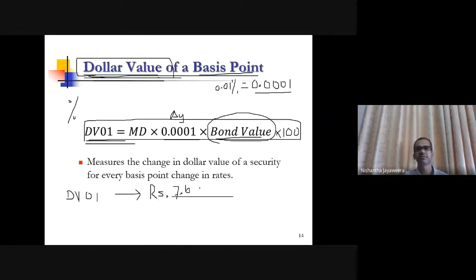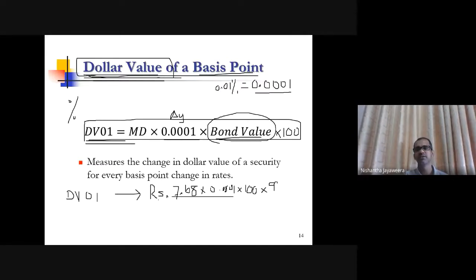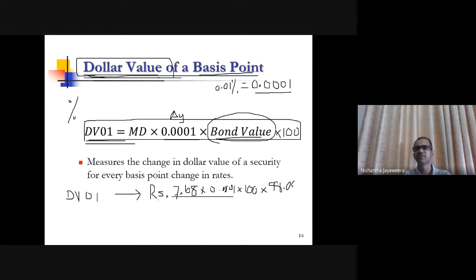7.668. Yes, 7.68 into 0.001 into 100 into 98.09.